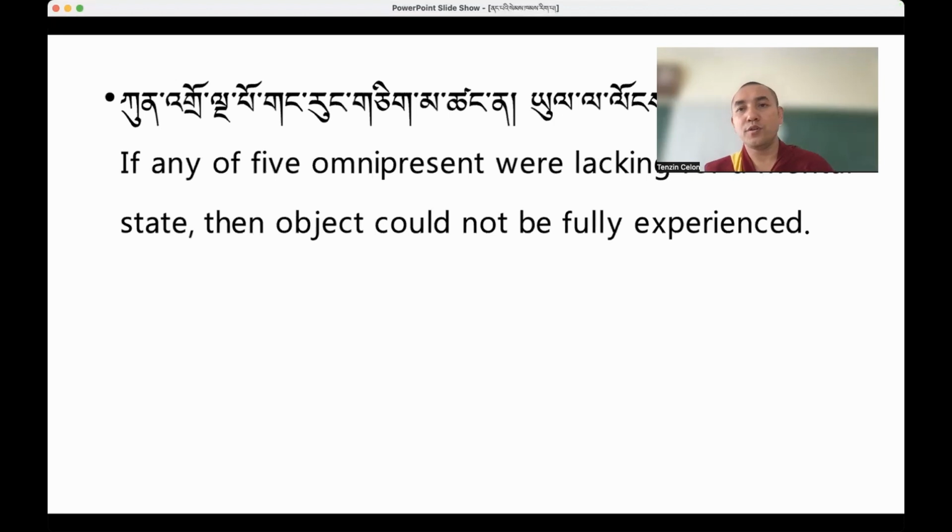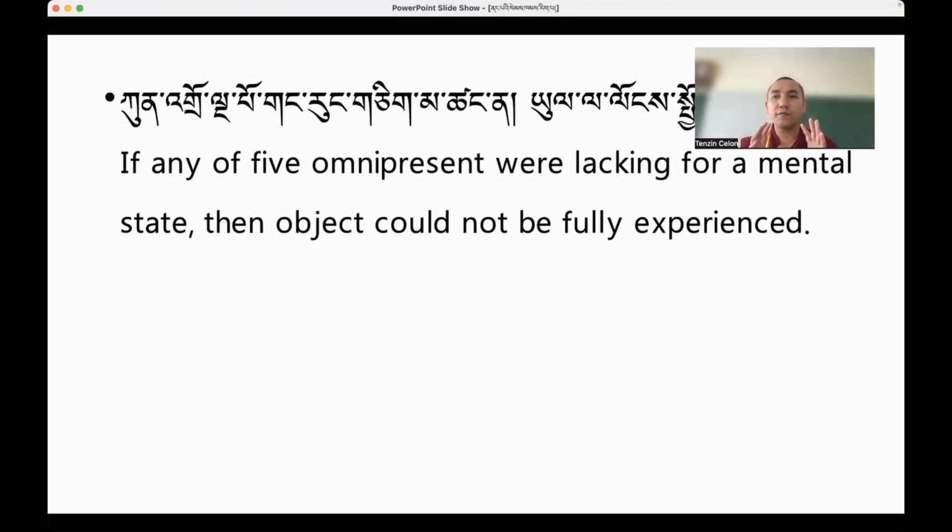If you look at the 5 omnipresent mental factors, if any of them were lacking in a mental state, then the object could not be fully experienced.